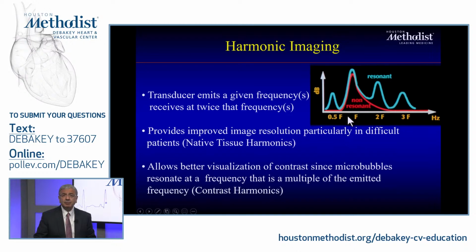So the same principle applies here for the heart. And interestingly enough, we never thought that the heart itself, the muscle itself, would emit a harmonic, and it does. A property of that harmonic is that it decreases clutter, so we can see the apex much better.